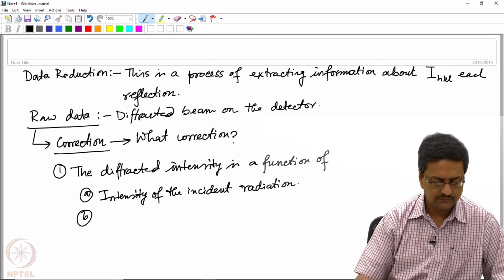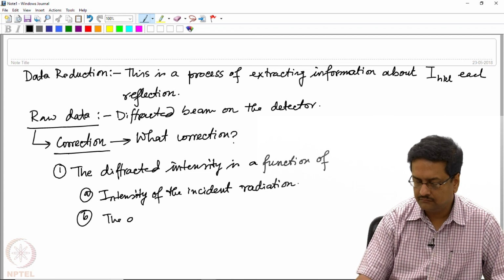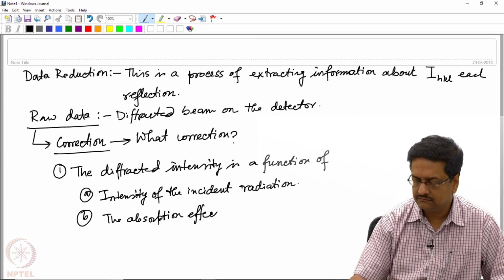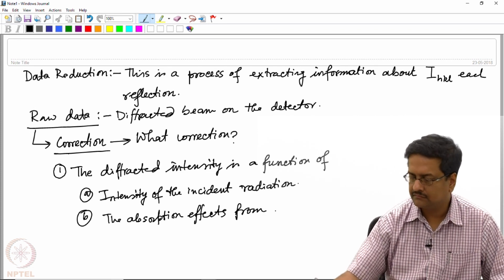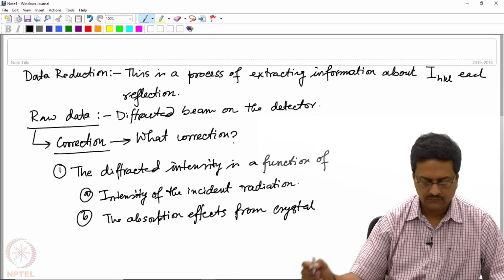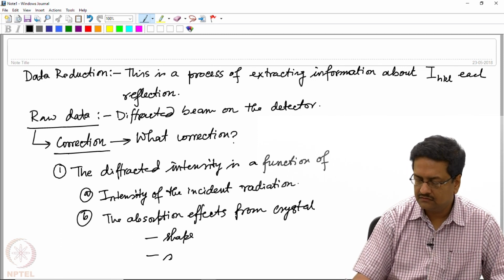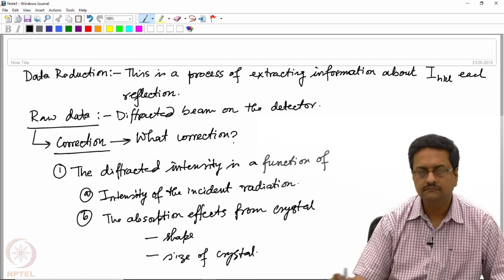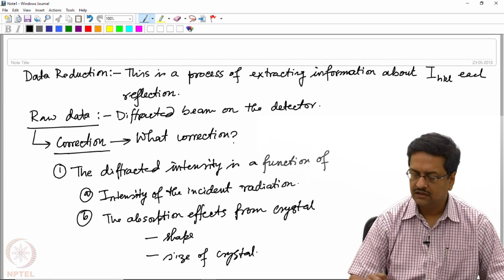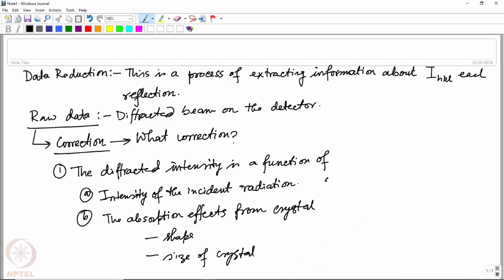B, the absorption effects from the crystal due to the shape and size of the crystal. This is also a function of the exposure time for which the crystal was exposed in each and every frame.